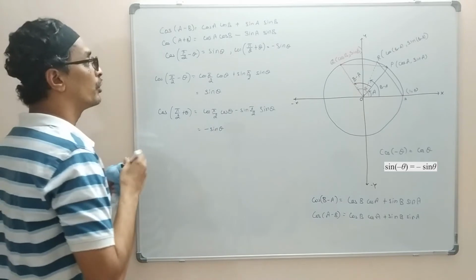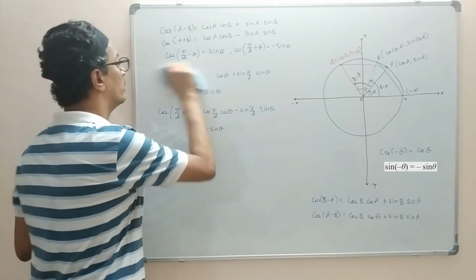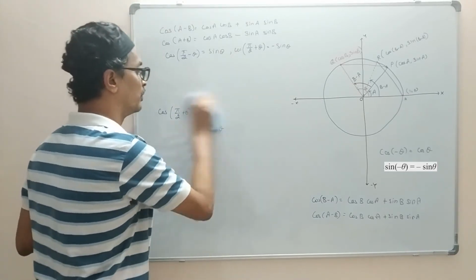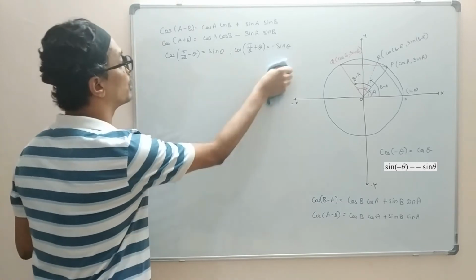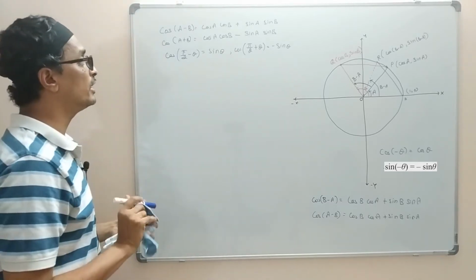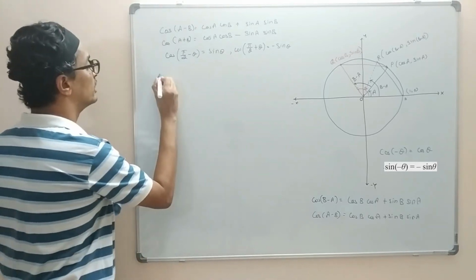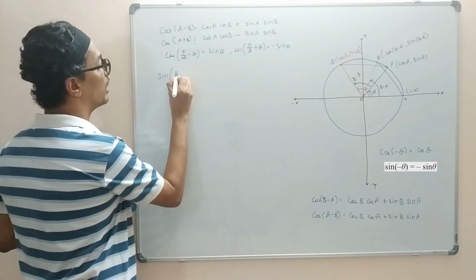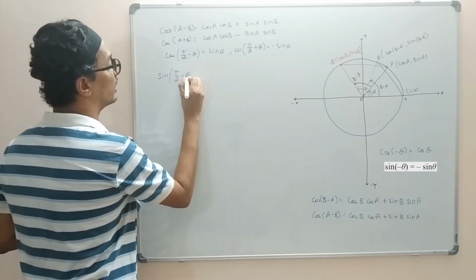Okay? Now let us try to find how it will be for sine. If I ask you a question, what will be sin(pi by 2 minus theta)?